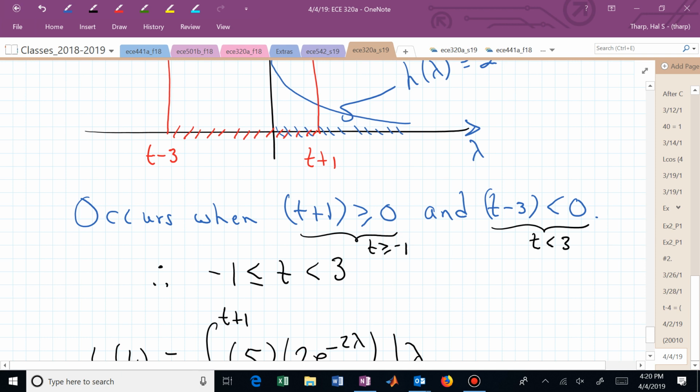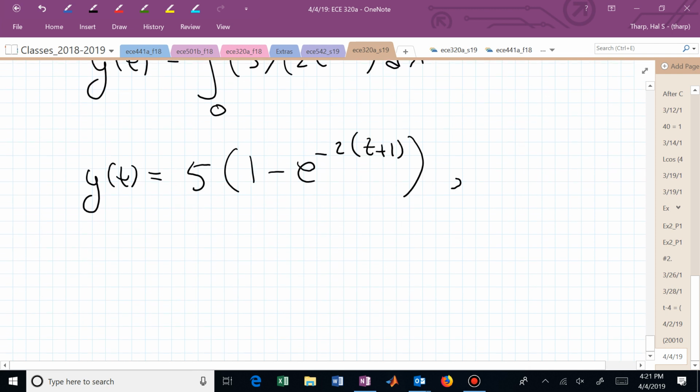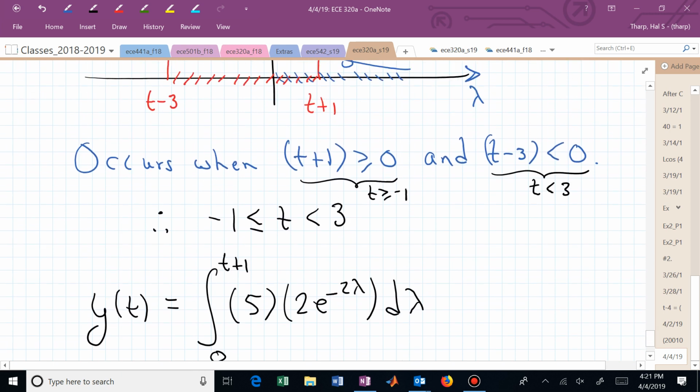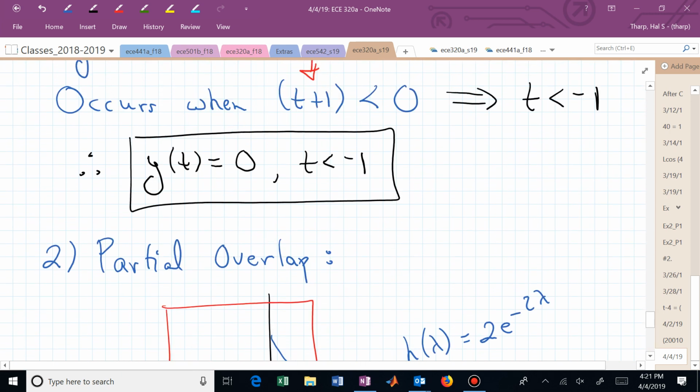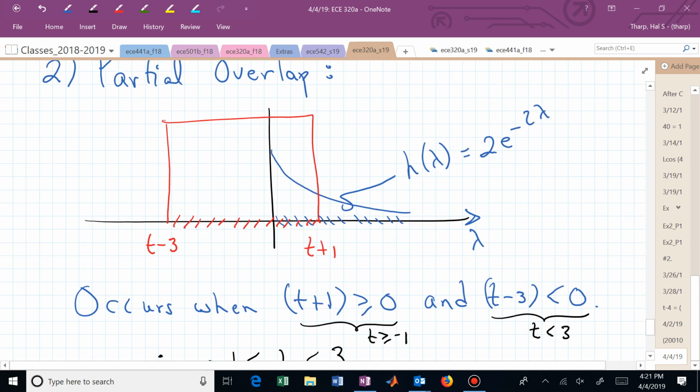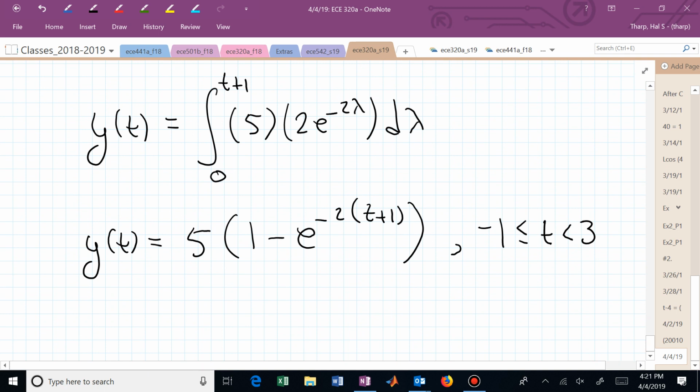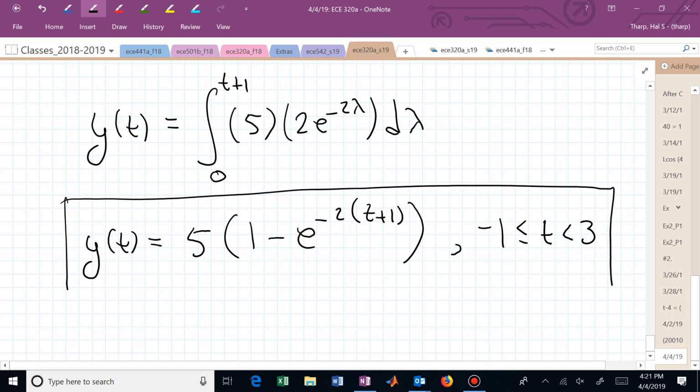Different from our integration limits, but it's true for t between -1 and 3. What is it below -1? Why? That was the no overlap. That was 0. So we're getting pieces of this whole coming together. This is now a second answer, and that's the partial overlap case.